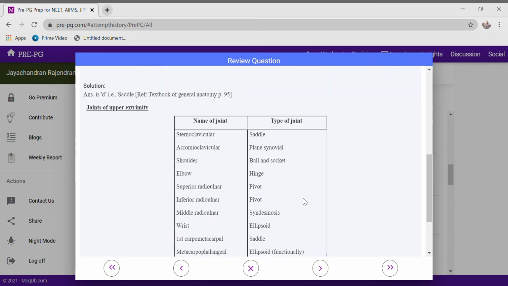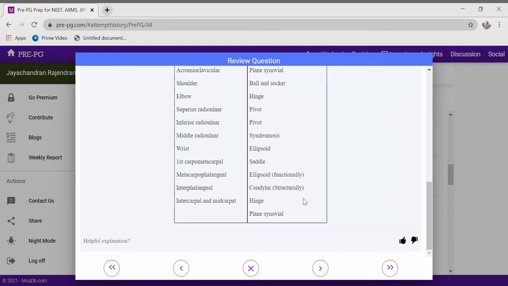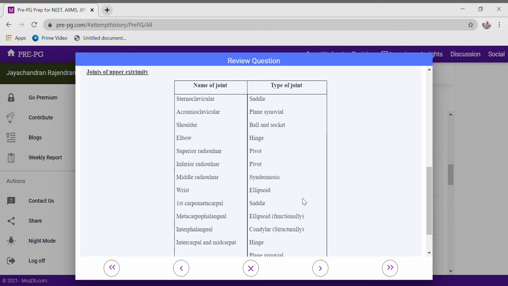I will give you one revision of this because this topic is very important. Sternoclavicular is a saddle joint and acromioclavicular is a plane joint. Shoulder is a ball and socket joint. Elbow is a hinge joint. Superior and inferior radioulnar is a pivot joint. Middle radioulnar is syndesmosis.